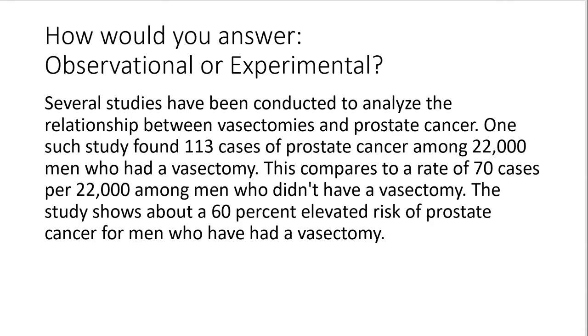This compares to a rate of 70 cases per 22,000 among men who didn't have a vasectomy. The study shows about a 60% elevated risk of prostate cancer for men who have had a vasectomy. So, is this an observational or experimental study? I will give you a couple of seconds to think about. Pause here if you have to.